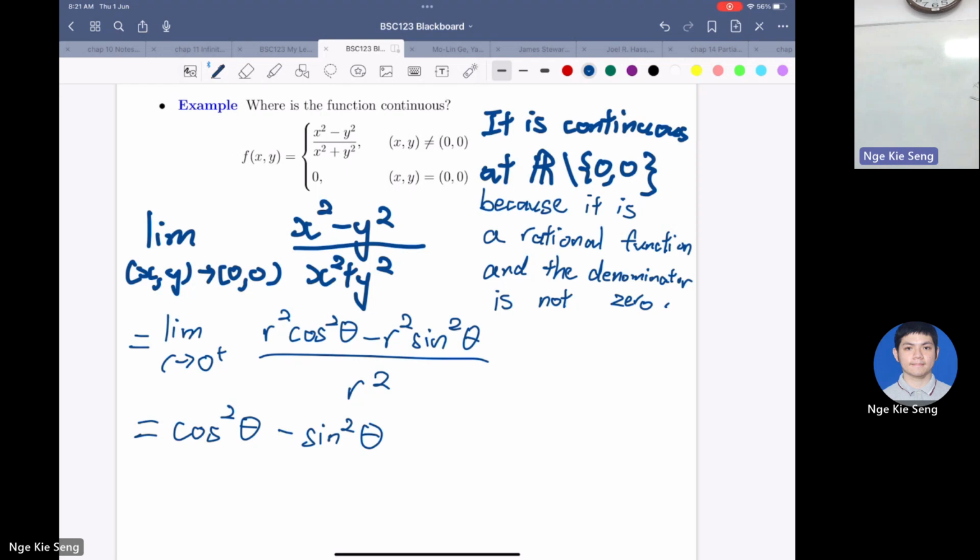So if you put different theta, you will get different values, meaning it depends on the path you take. That's one easy way to see why the limit is not zero. What path can you take? Pick two easy paths. What are the two easy choices you can pick?